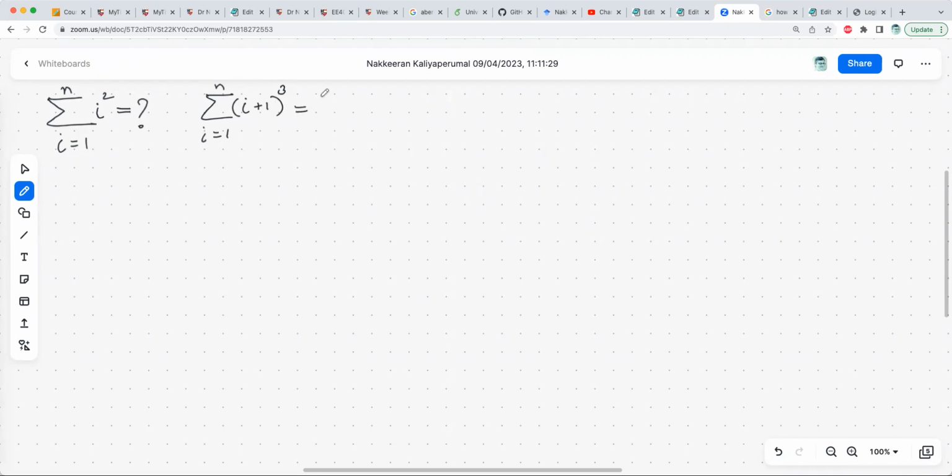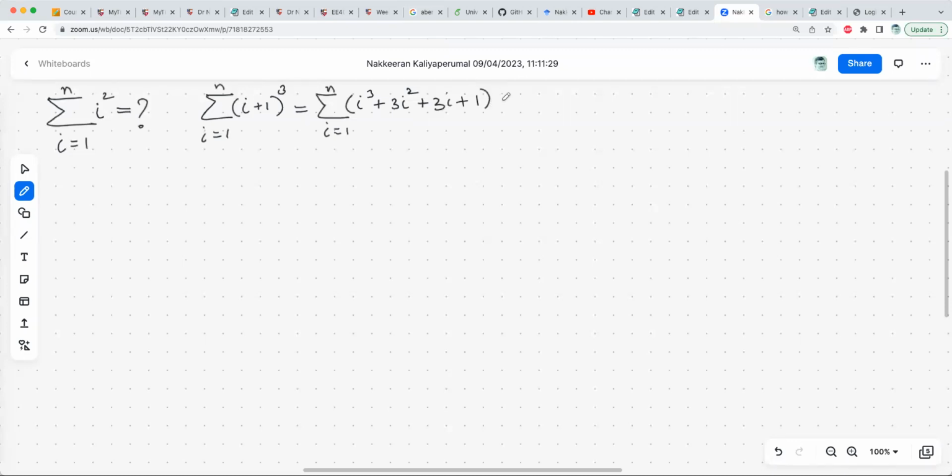Now let's expand it. The cube can be expanded as i cubed plus 3i squared plus 3i plus 1.